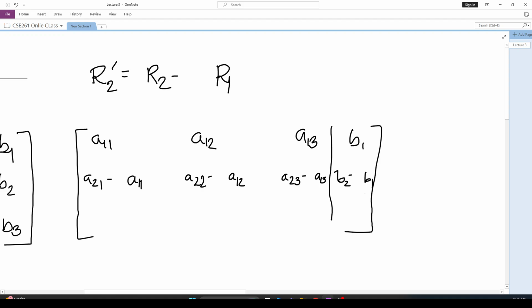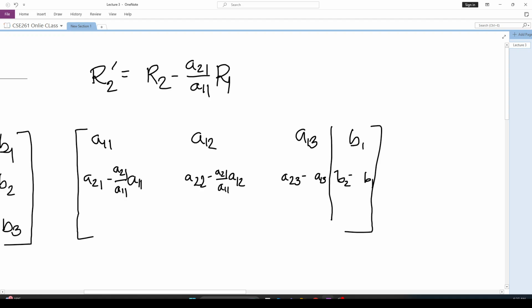Now we can see that if I divide a21 by a11, I cannot guarantee it's a 0, but there is a way. What if I actually multiply this part with a21 by a11? See what I'm doing? If I do this, it's actually applicable.